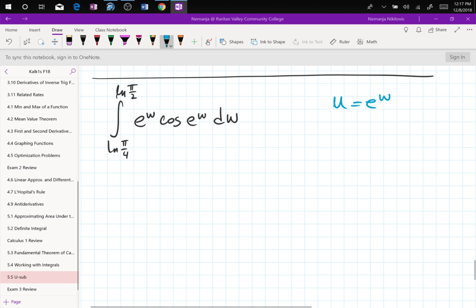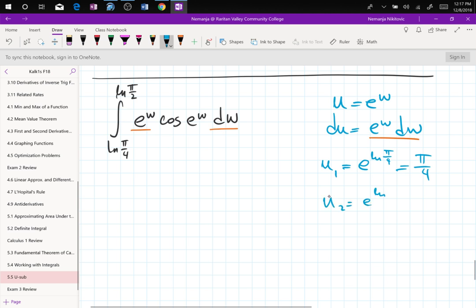So we're cool there. What's my du? It's e to the w dw. I have that, e to the w dw, to satisfy the du needs. We also have to calculate u1. That's going to be e to the ln pi over 4, which is just pi over 4 because e and ln will cancel. u2 is e to the ln pi over 2, which is pi over 2.